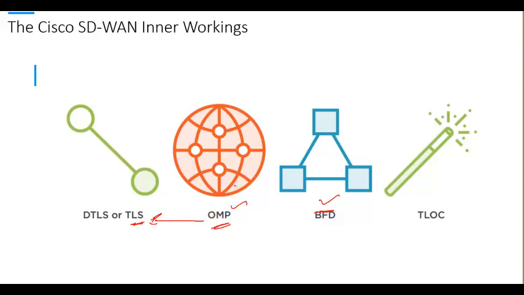And now this BFD runs inside the IPsec tunnel. As we all know, between the WAN edges, we will have an IPsec tunnel, the DTLS, the OMP, and this BFD helps to choose one tunnel, which is also an IPsec tunnel.